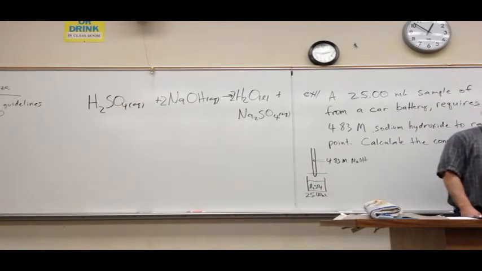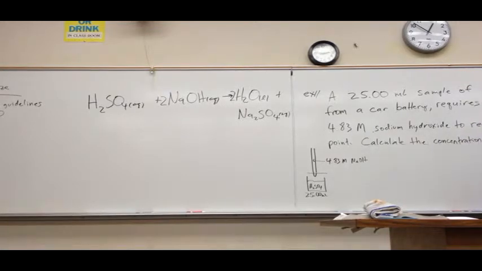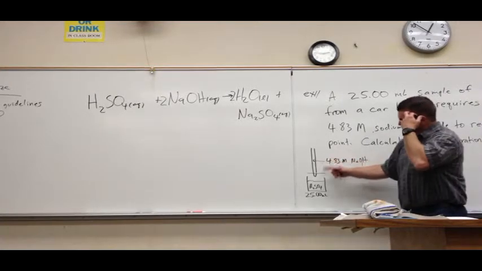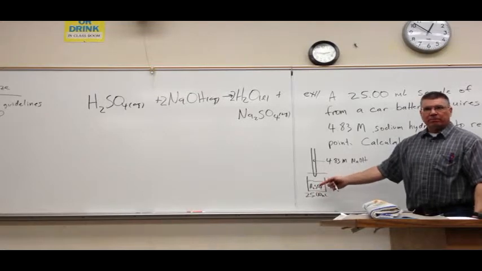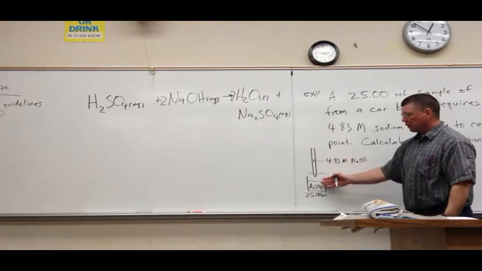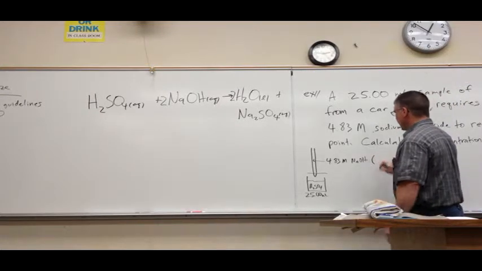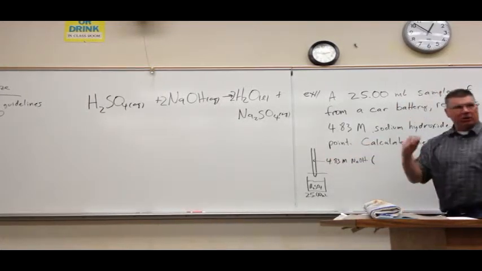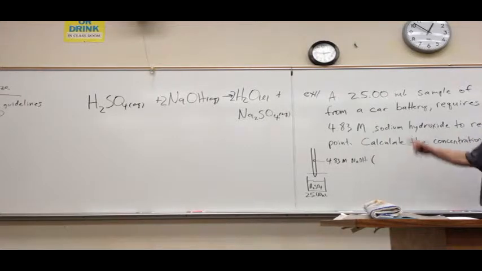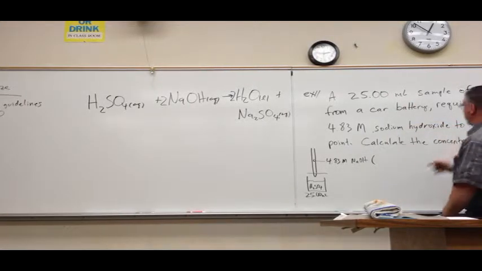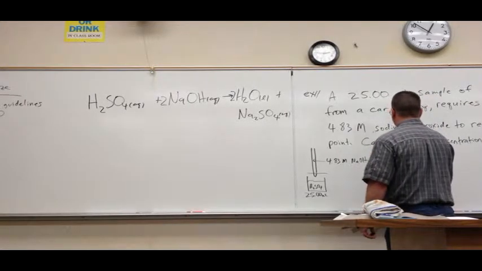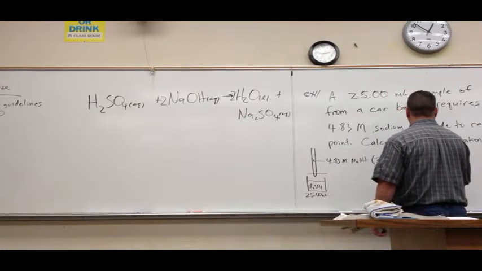You probably measured it out with a volumetric pipette. Sodium hydroxide's up here. You have your indicator in here. You do the titration, and one drop makes it turn pink. The amount of sodium hydroxide, the final burette reading minus the initial burette reading, was 29.12 milliliters.